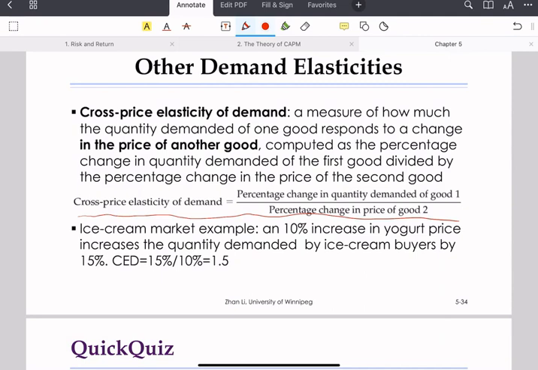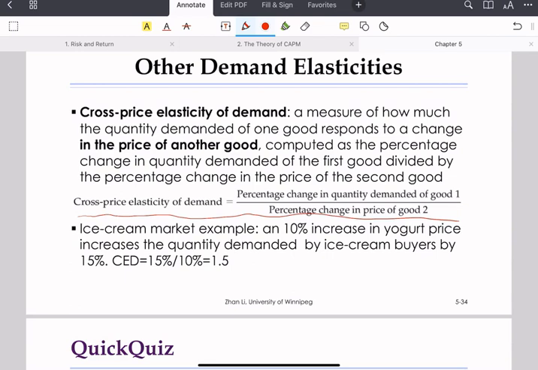Now let's see this example. Again, we're looking at the ice cream market, and we find out a 10% increase in yogurt price increases the quantity demanded of ice cream by 15%. So in this case, the cross-price elasticity is 1.5. Again, importantly, the sign of cross-price elasticity tells us some information.